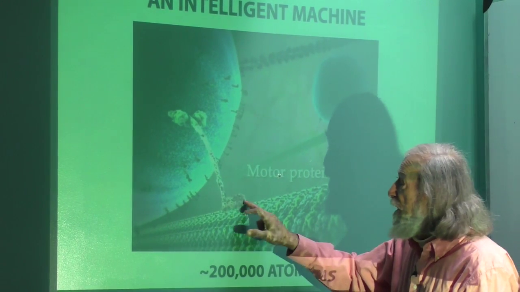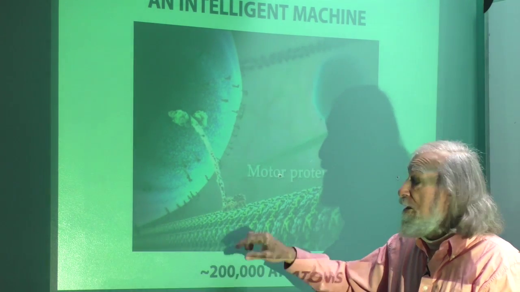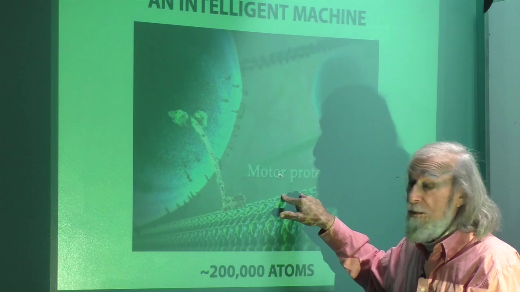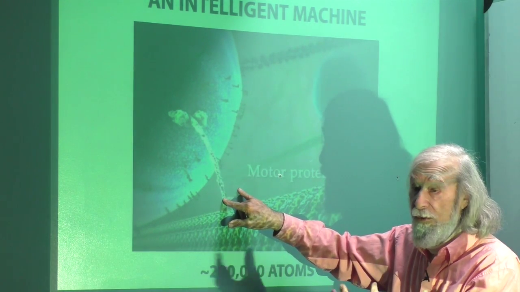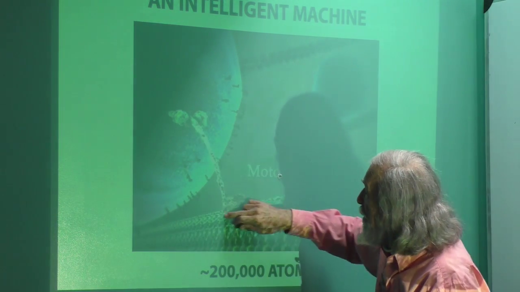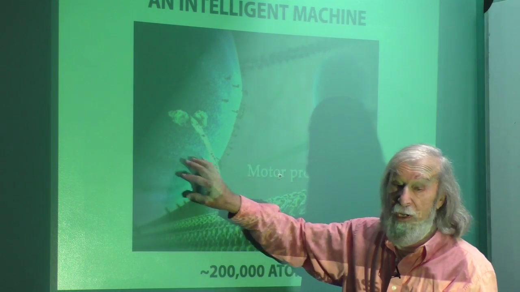Now, this is a pretty complicated molecule, and if you look on the internet, you can actually find movies of these molecules walking. These are done by computer simulations of the actual electrical forces that are involved. And there's about 200,000 atoms in this little guy that's pulling this cargo along.